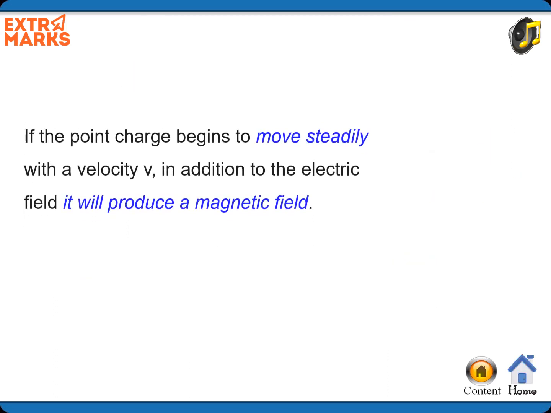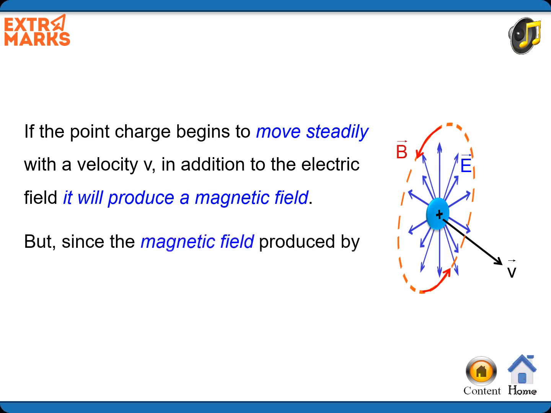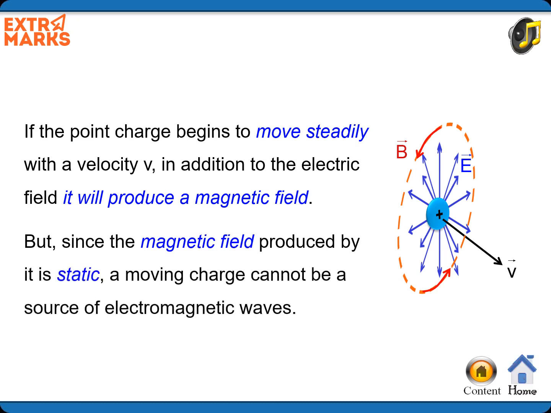If the point charge begins to move steadily with a velocity v, in addition to the electric field, it will produce a magnetic field. But since the magnetic field produced by it is static, a moving charge cannot be a source of electromagnetic waves.